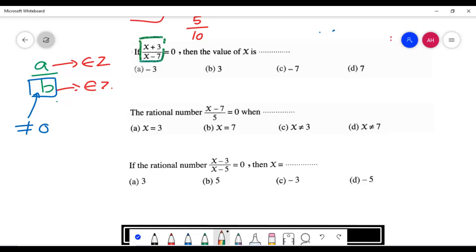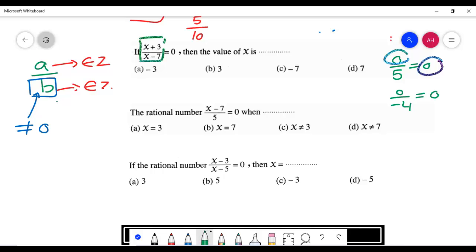and it's equal to 0. When I have a fraction equal to 0, if you remember, we have studied before that, for example, 0/5 is going to be equal to 0, and 0/(−4) is also going to be equal to 0. In other words, when my numerator is 0, I am simply going to have an answer of 0.